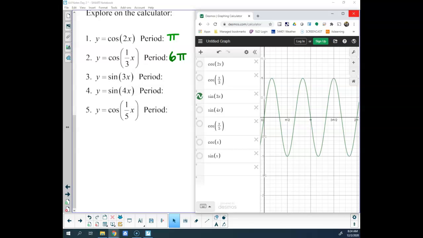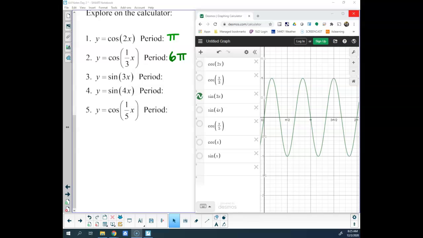How many complete waves are made by sine of 3x in that viewing window that you see on the front board? So it makes 3 complete waves, right? Middle to middle, 1, to the middle, 2, the middle, 3, right?